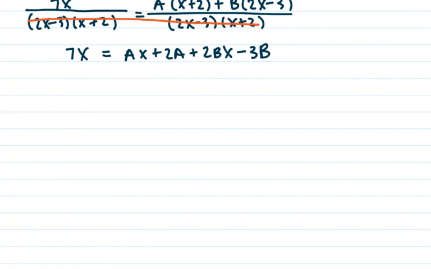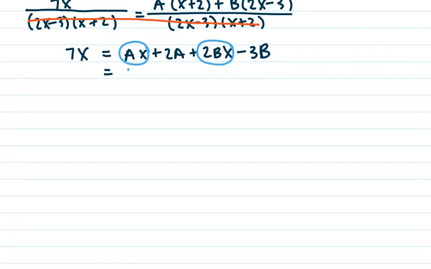Okay, so a couple things here. I need to get my like terms together so I can factor out the linear term and then have the constants move to the end. So for my linear term, I have an Ax and I have a 2Bx.